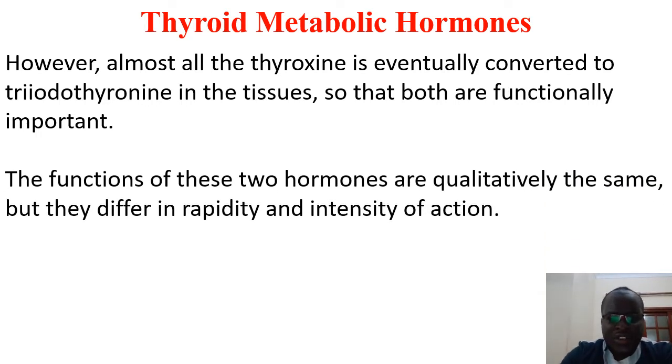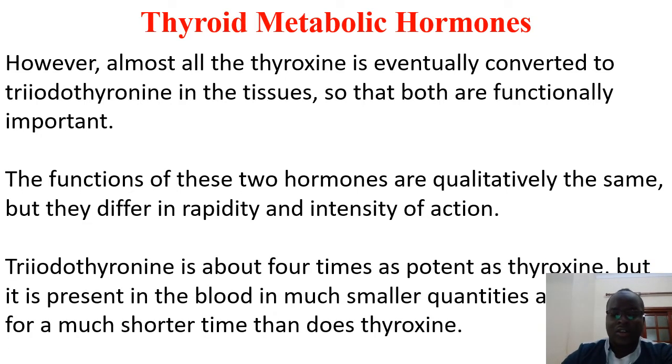The functions of these two hormones are quantitatively the same, but they differ in rapidity and intensity of action. So the rapidity and intensity of action, it's more rapid and it's more intensive for triiodothyronine as compared to tetraiodothyronine. That's why we are saying that at tissue level, the thyroxine or the tetraiodothyronine has to be converted to triiodothyronine so that it becomes rapid and intensive in terms of action of this hormone.